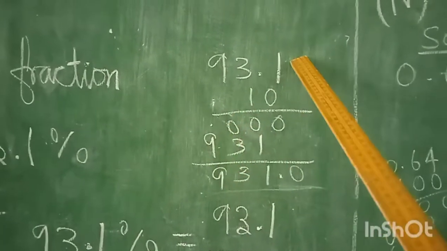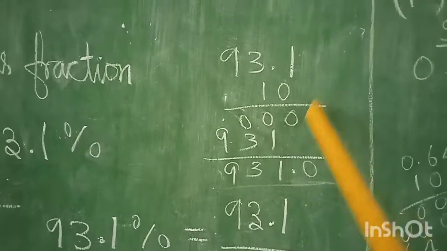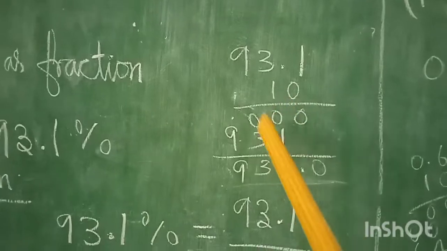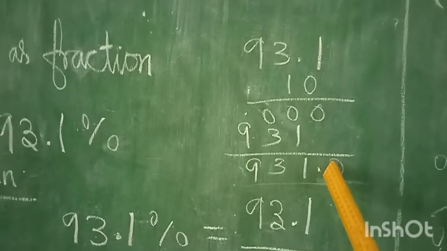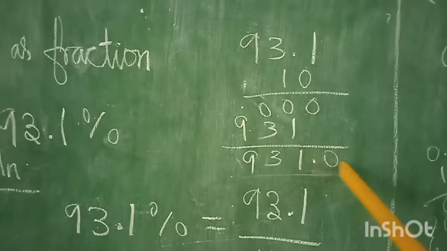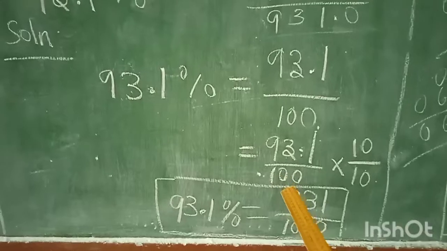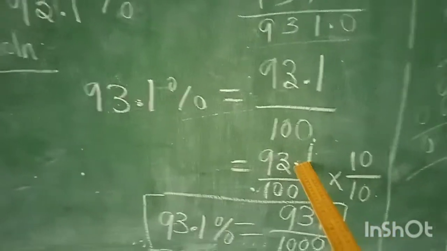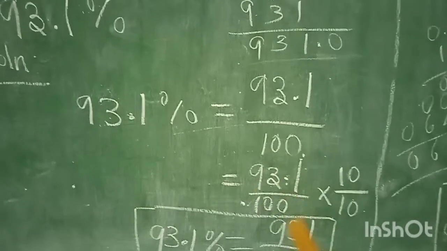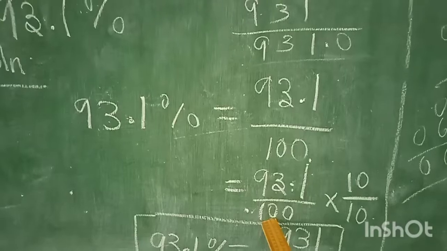So, 0 into 1, 3, 9. After that, do the addition, and after the one digit you have to place your decimal point. If you place that, the 0 will be removed. So, 931. If you are going to multiply any number with the numerator, you have to do the same in the denominator also.